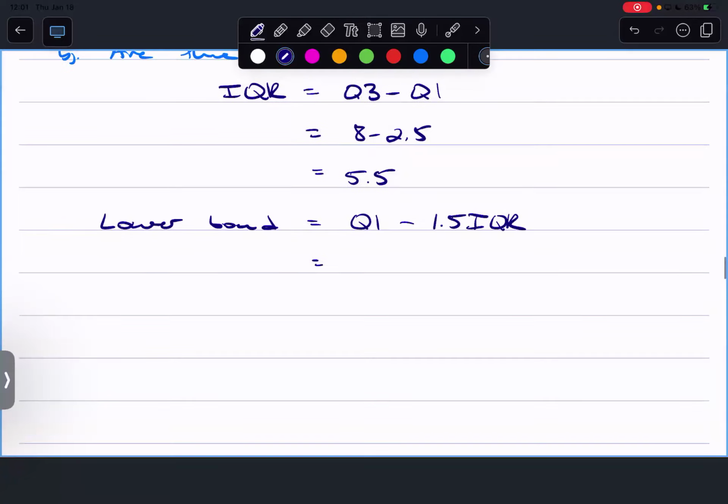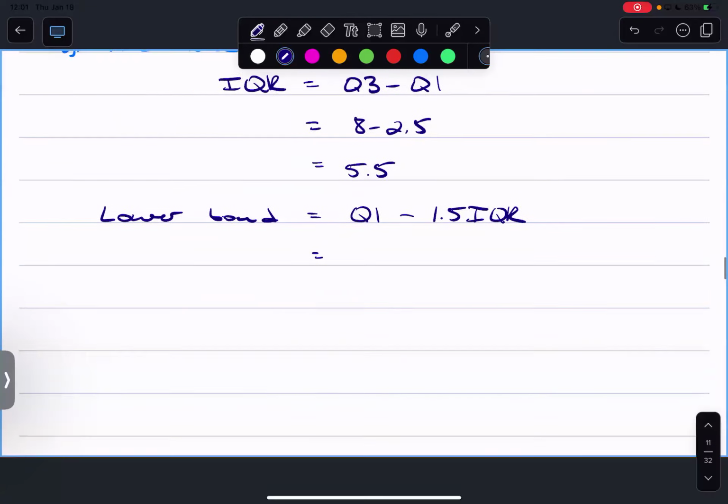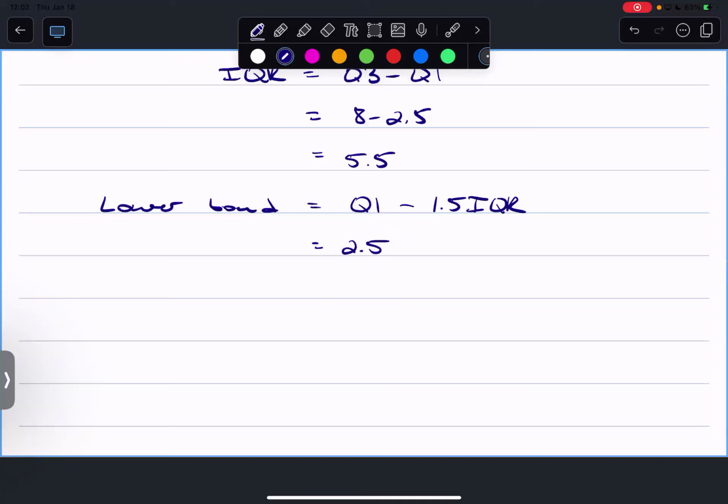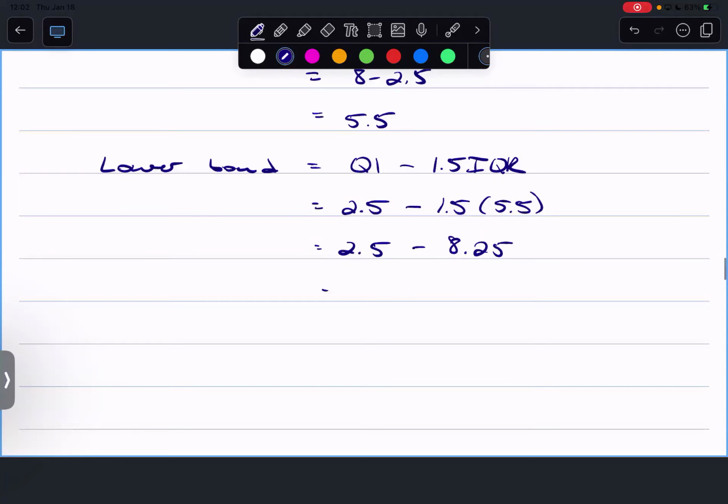Q1, I think we said was 2.5, minus 1.5 times 5.5. Whoa, so many halves. Which is 2.5 minus 8.25. Negative 5.75.